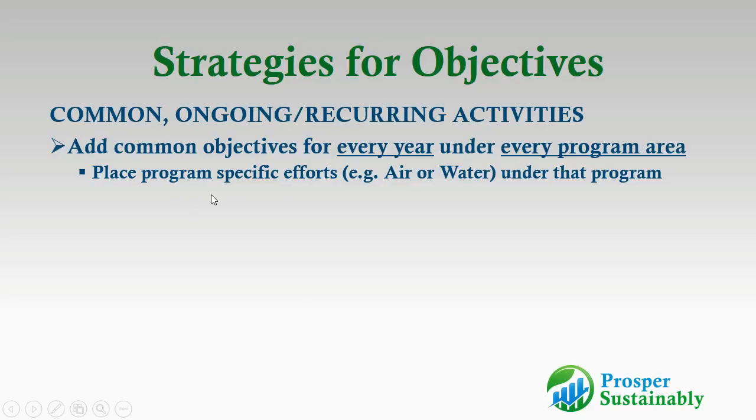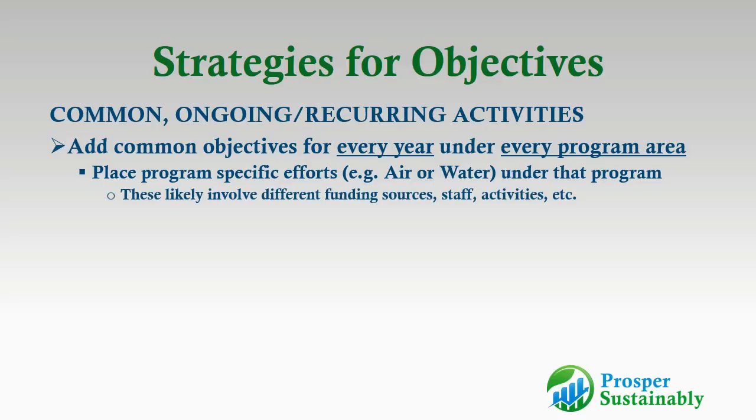So you want to place program-specific efforts, for example, your air resources or water resources related activities, under that program, because they will likely involve different funding sources, staff, activities, etc. So your air resources related education outreach needs to be under your air resources.